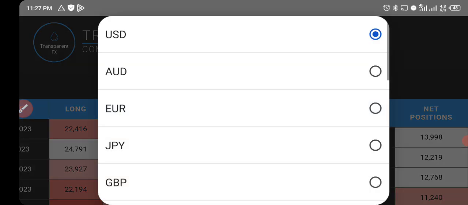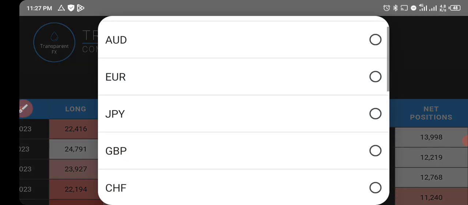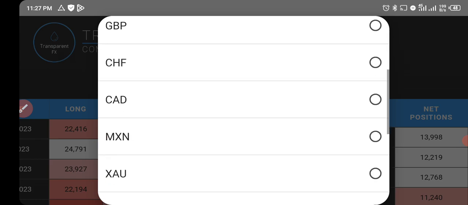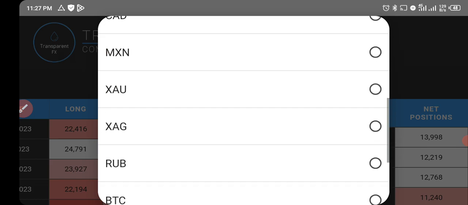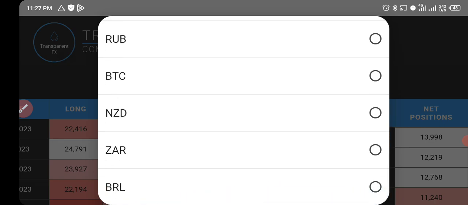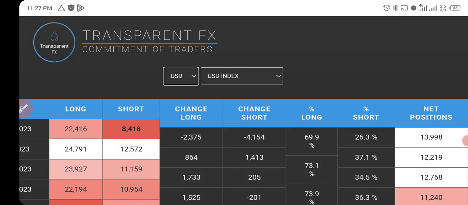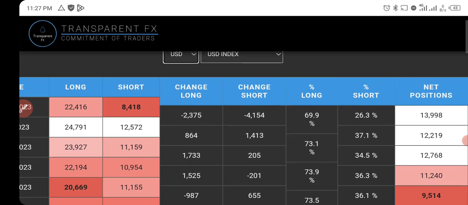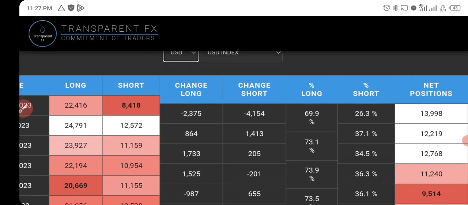Now you can see all the pairs I trade: USD, AUD, Euro, JPY, GBP, CHF, CAD, Mexican Peso, Gold, Silver, Russian Ruble, BTC, NZD, South African rand, and Brazilian real. Now, with the COT data, remember, the market movers are the banks, like the big traders. Now, we believe that they are the market movers, but they are not.